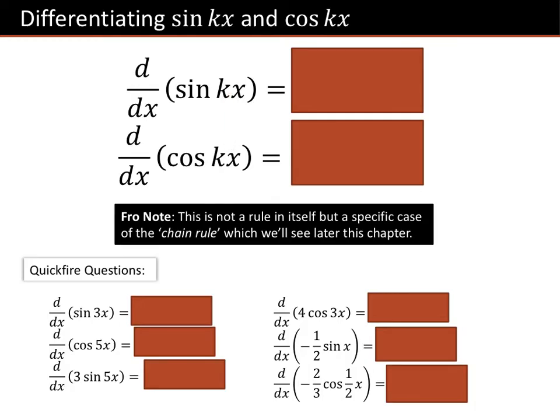We need to multiply by the differential of that. So what I mean by that is, we know it goes sine, cos, minus sine, minus cos. Sine differentiates to cos, and then we're going to multiply it all by k. So this becomes k cos of kx.